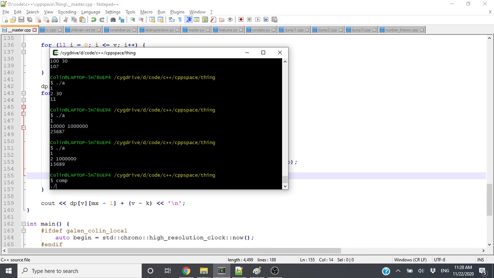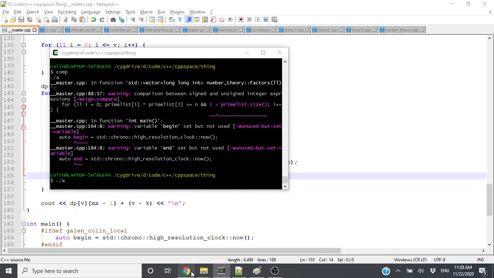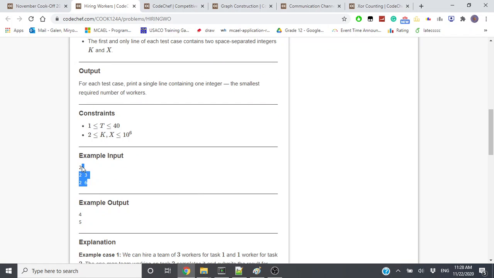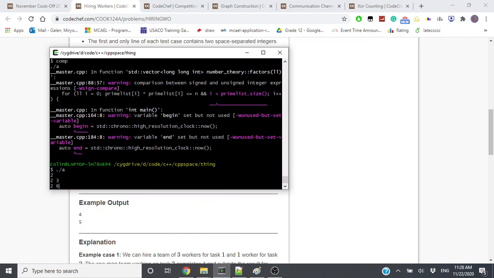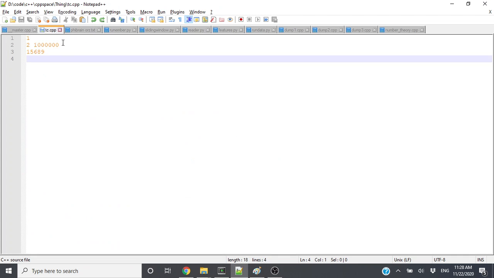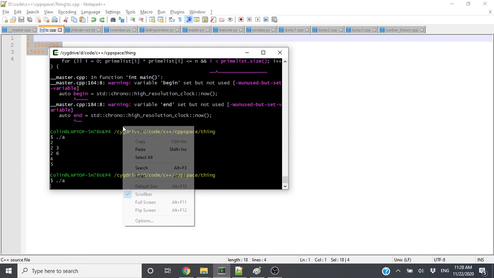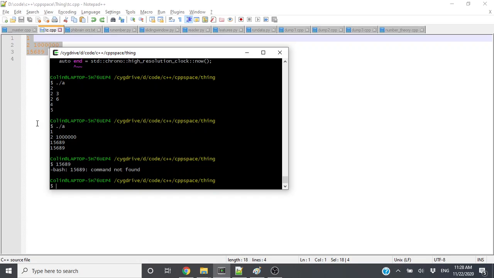Suppose that works. Let's see, it should do better on this one, right? No, it still gets that.